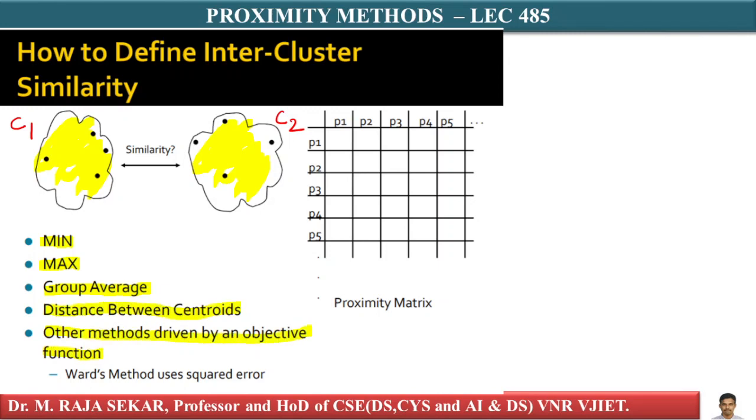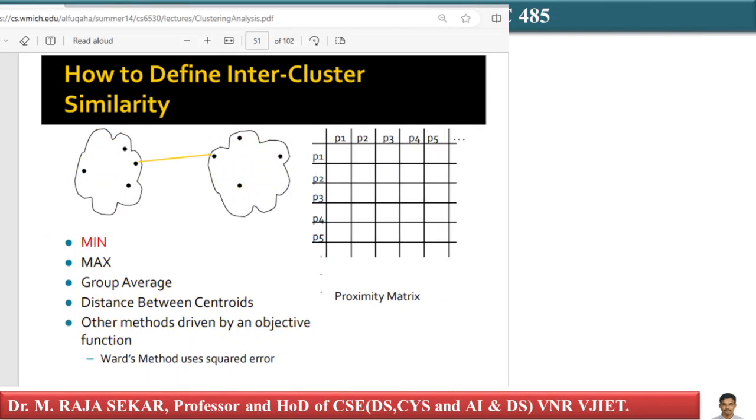Let's understand them graphically, and see the limitations and advantages of each technique. First, let's see the min approach. Let's assume we have clusters C1 and C2 with the points P1 to P8.